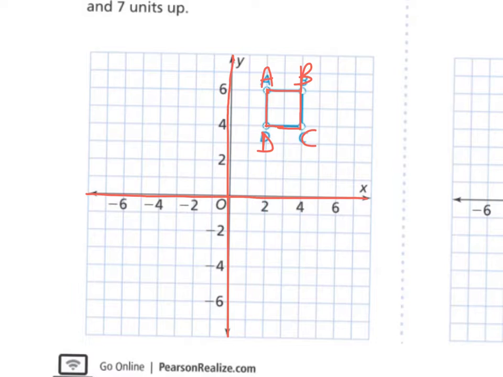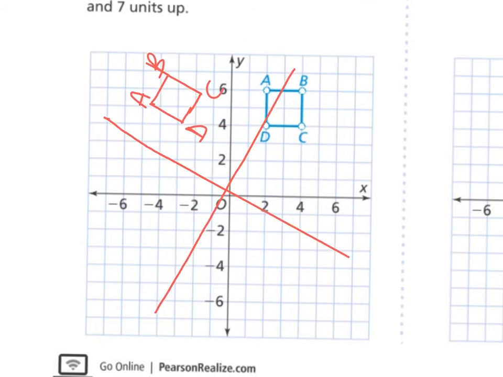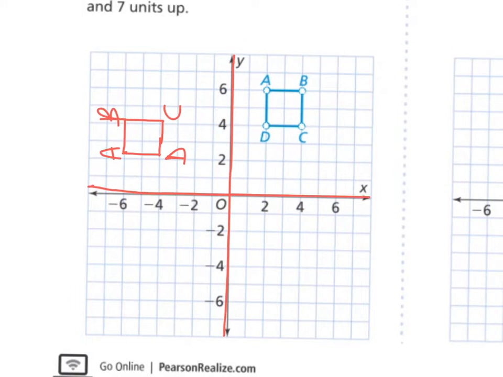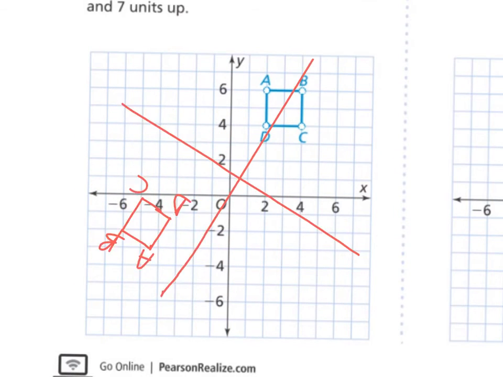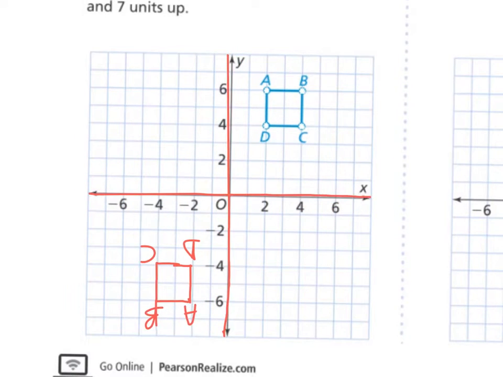So first thing would be to do that on your tracing paper, and then we're going to do 180 degrees. So 2 times that will turn that, which should put us down in the third quadrant here. This is where you guys can poke holes through your papers.